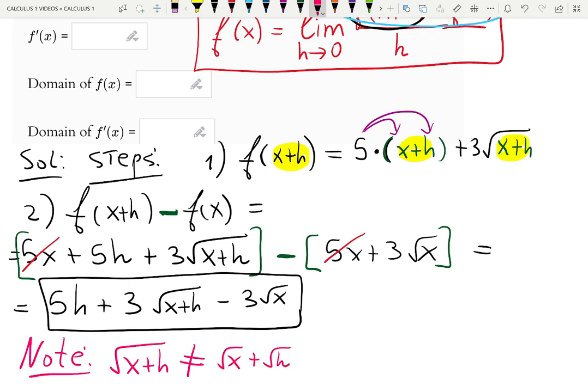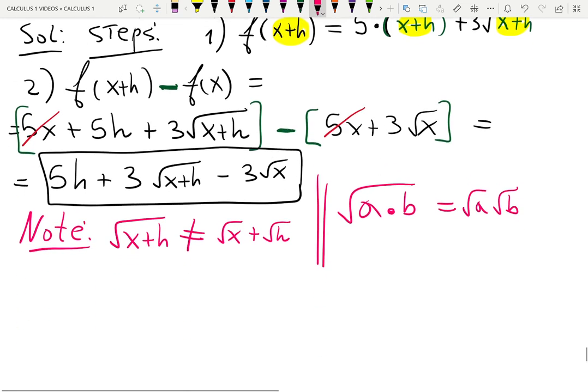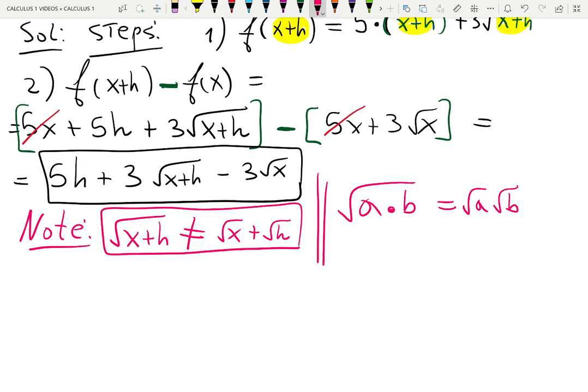You can only distribute the square root, let's use a and b, if you have products or quotients. Square root of a and square root of b. But not sums and differences.